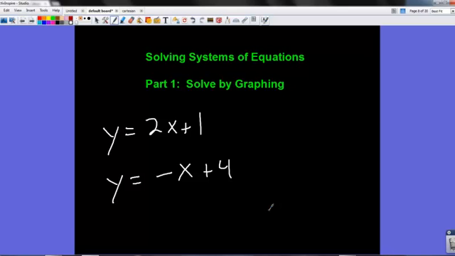This is called a system of equations because we have two or more equations that you have to solve at the same time. That's right, we're going to be finding values for x and y at the same time.